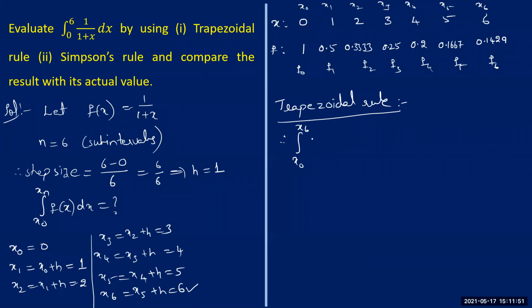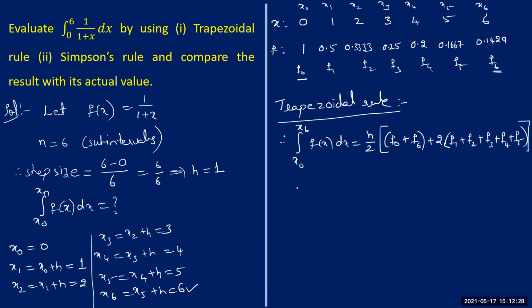Integral from x0 to x6 of f(x) dx is equal to, I'm just using that formula, h by 2 times the sum of the first and last function value. See, the first one is f0, the last one is f6 here. So I've used these two already here, f0 plus f6, plus 2 times all the remaining ones. The first and last are already used, so if you write the remaining values, they are f1 plus f2 plus f3 plus f4 and f5.